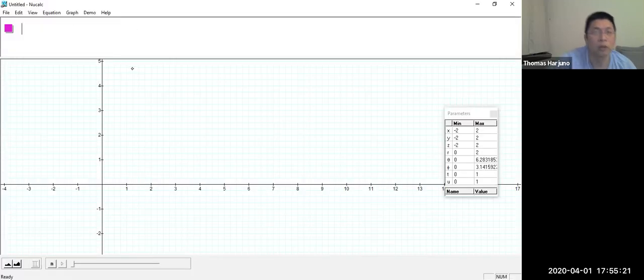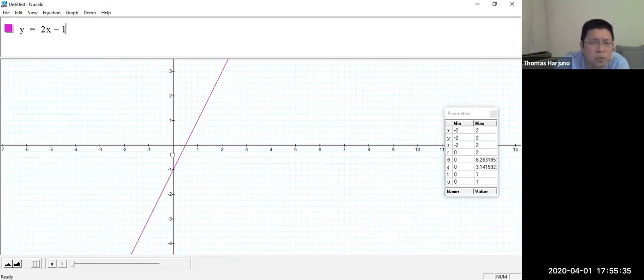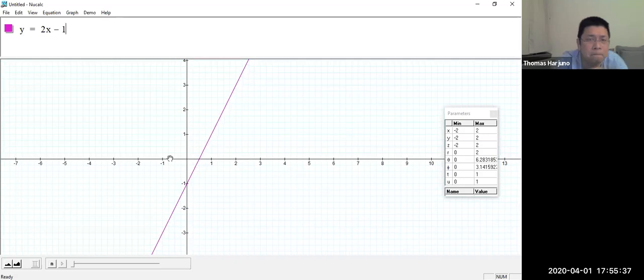So look at the graph, y equals 2x minus 1. And okay, the graph of y equals 2x minus 1 is this.